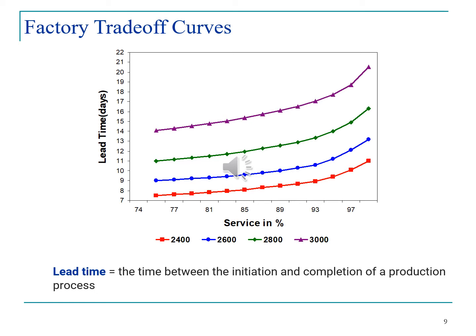With a lead time of 10 days and 2,400 units per day, we can reach the 97% service level. But that only happens if you reduce the number of units required per day.